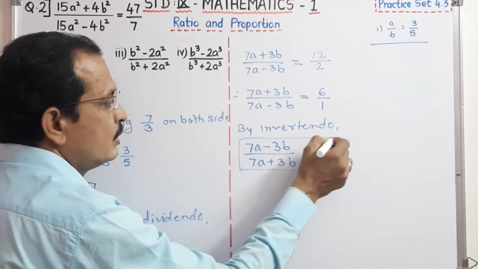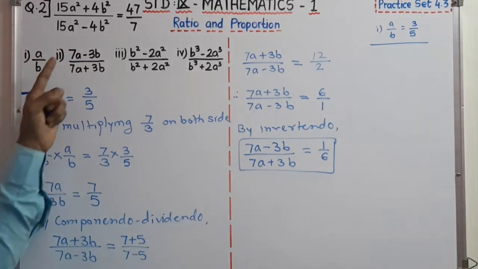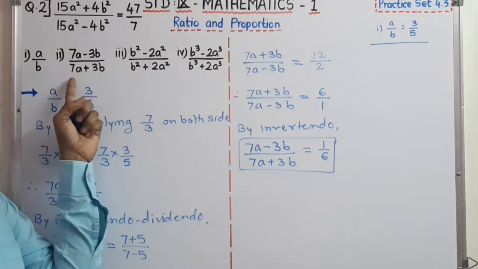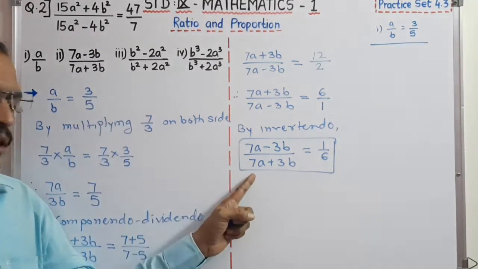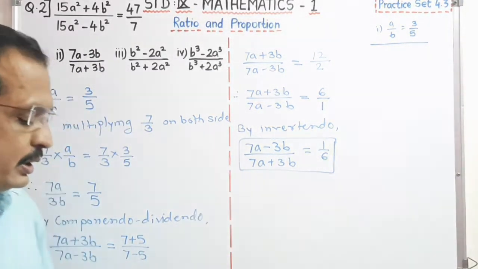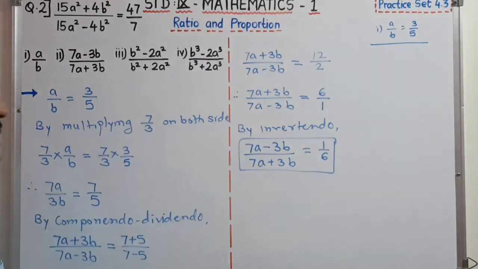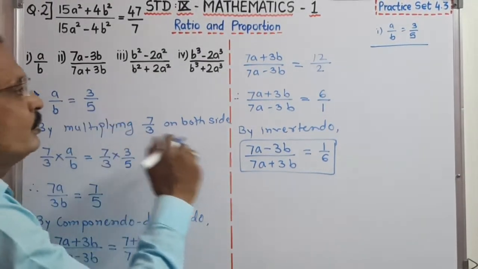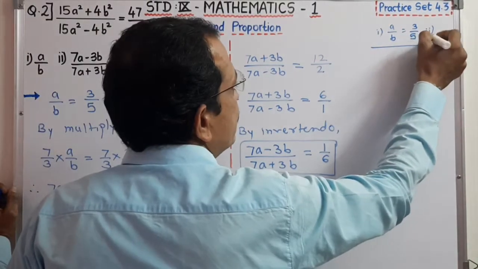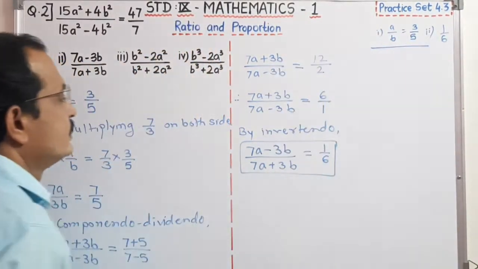This is the ratio of 7a minus 3b upon 7a plus 3b. Dear student, I don't think anyone has any doubt because it is very easy. Now see the ratio, the second value we got here. For the second, it is 1 upon 6.